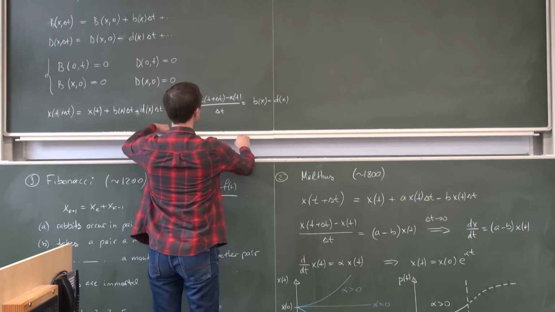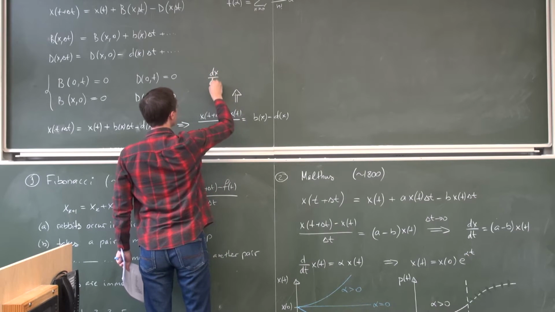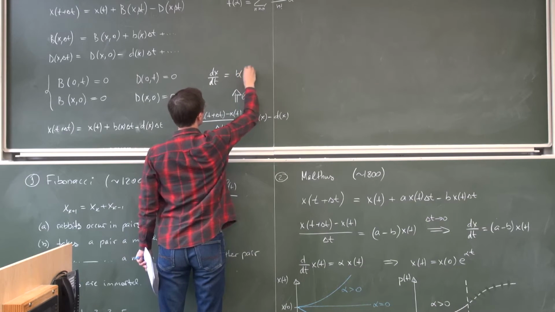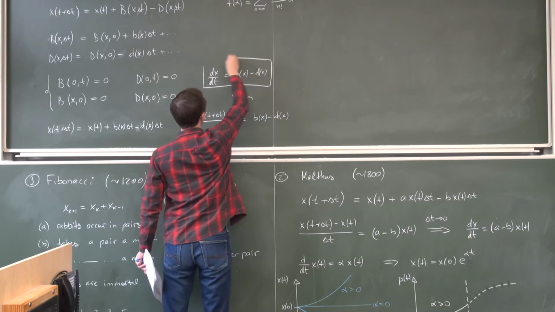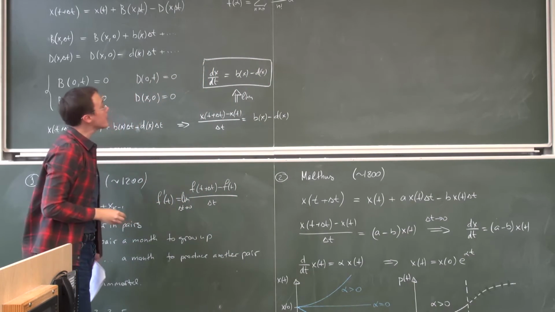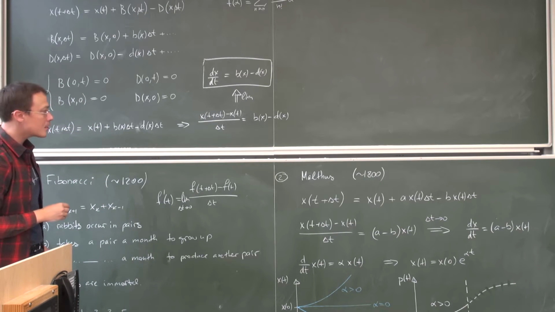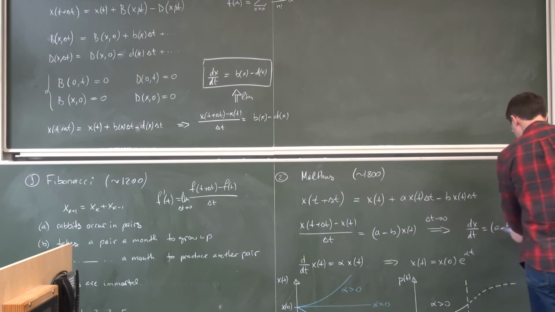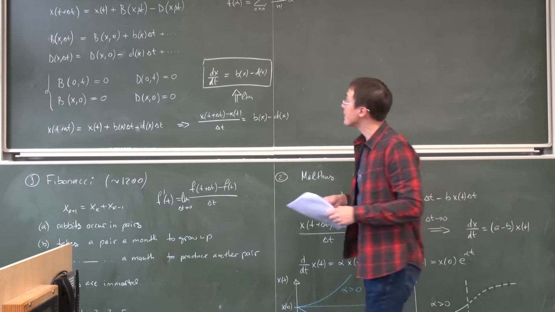So when we take it, we've got dx by dt is b of x minus d of x, where those two things are the birth rate function and death rate function. So we are no longer constrained by the requirement to have anything specific in here, but we have derived a more general equation that our population dynamics must have.